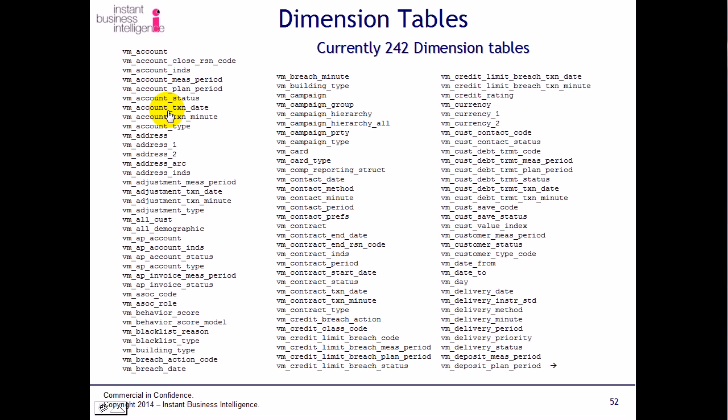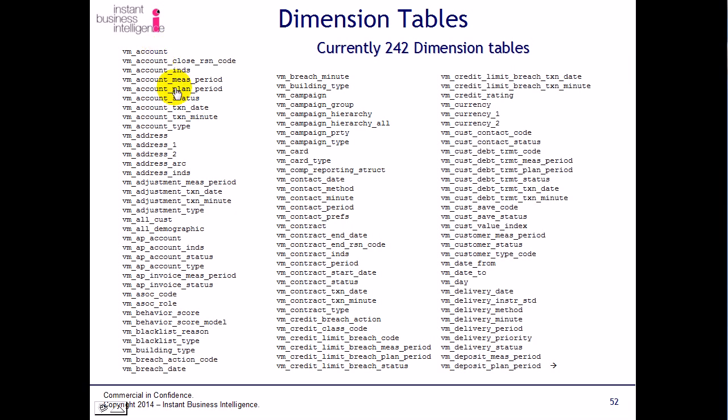Okay, so account transaction might happen on a certain date and a contact might happen on a certain date. This is the same underlying table, but we give the view different names so that we're not always continually aliasing something like VM day for all the different days or all the different dates, right?